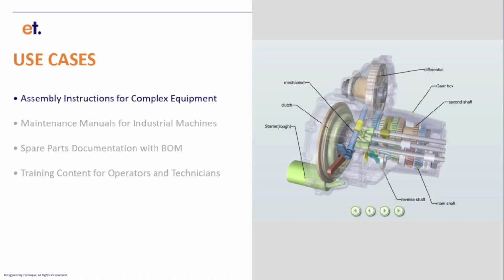This helps users understand even complex systems easily. It reduces confusion and improves accuracy during assembly. We can also use exploded views, callouts, and animation to guide the user properly. This is very useful for shop floor operations and technicians. It also helps in reducing training time and minimizing errors during assembly.